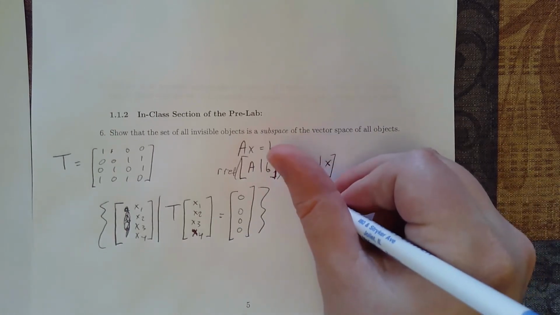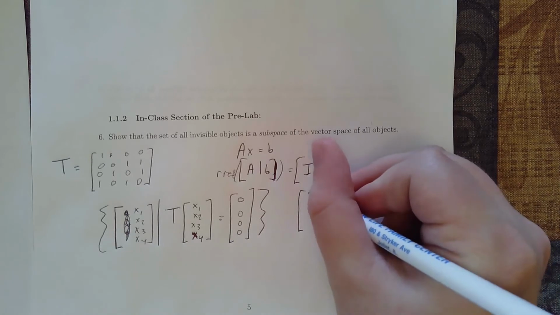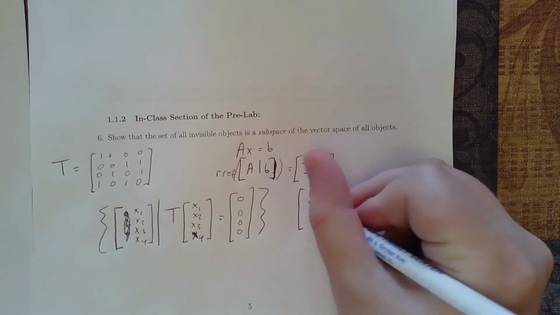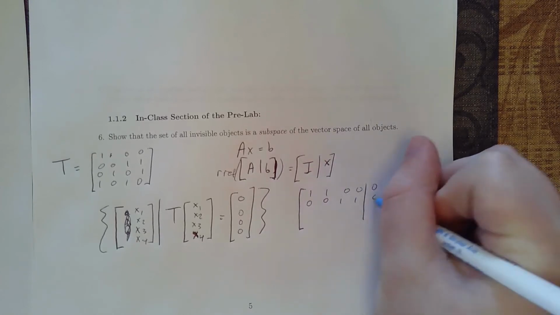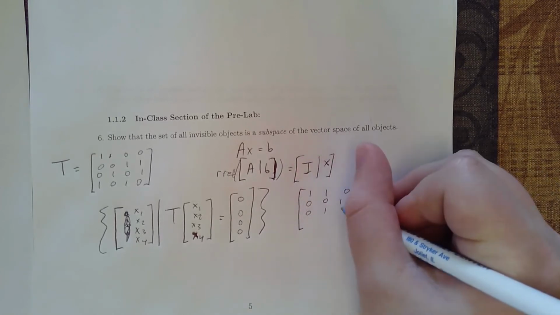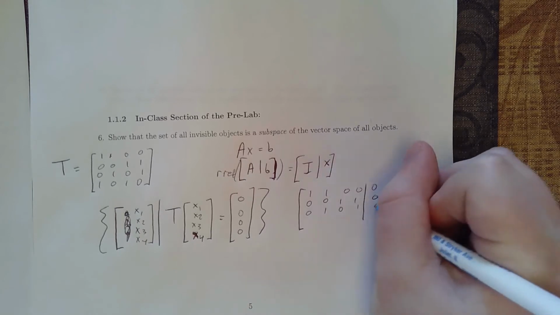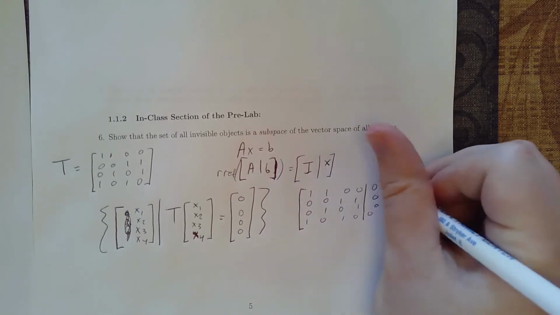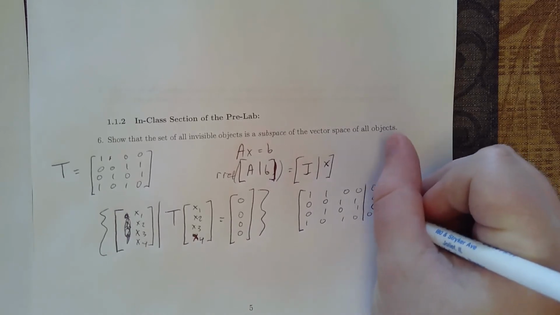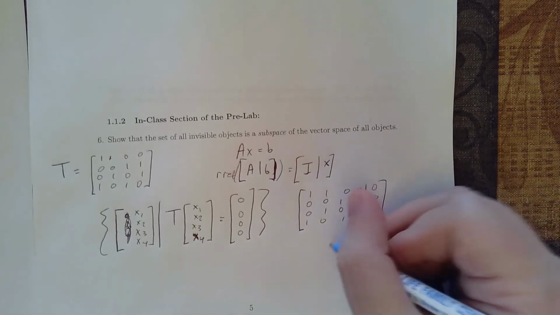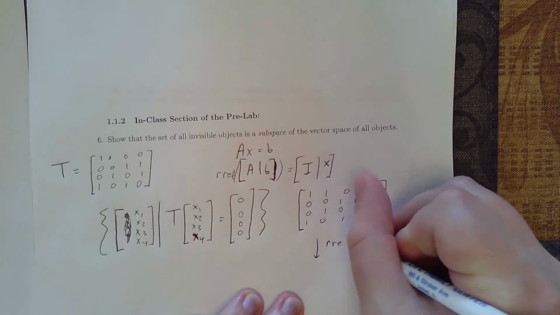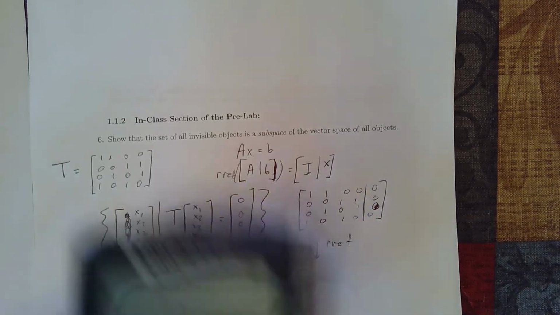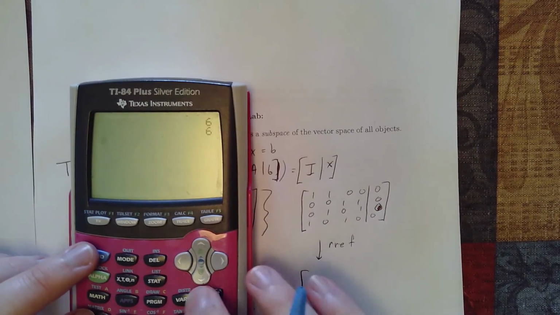Let's take T augmented with zeros here: 1 1 0 0 0, 0 0 1 1 0, 0 1 0 1 0, and 1 0 1 0 0. And we're going to get the reduced row echelon form of this. We can put this in our calculator or in Octave Online.